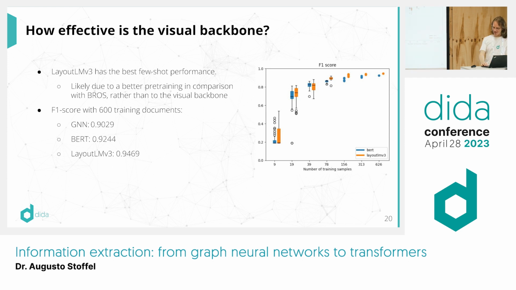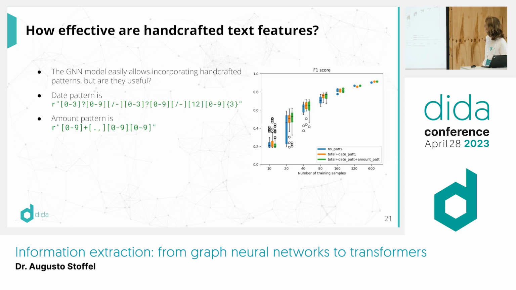And then the last point I wanted to show is about handcrafted text features. I remember when I showed you this GNN model scheme, it's very easy to add anything you want. In particular, you can just match your text against patterns and add features that say, does it match or not?